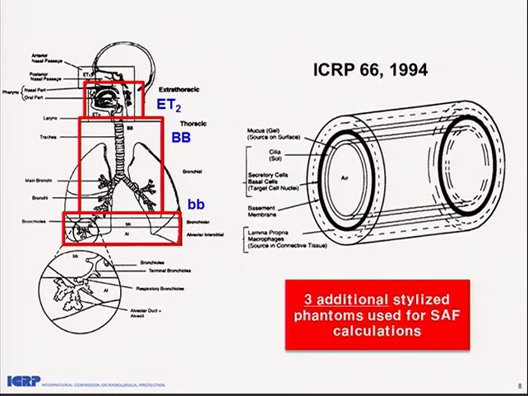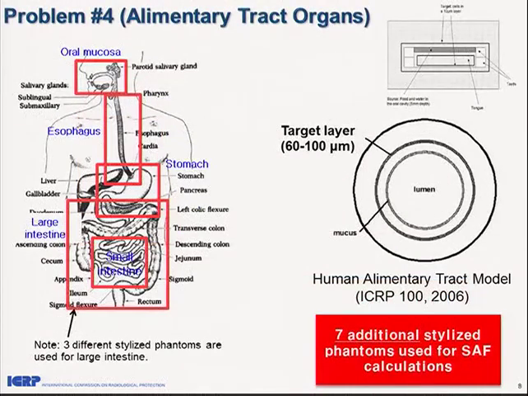The situation is the same for the ET2 region and the large BB and small BB regions, and 3 additional stylized phantoms were used for SF calculations representing these tissues. Again, the situation is the same for the alimentary tract organs, and in this case, 7 additional stylized phantoms were used for SF calculations for weakly penetrating radiations.